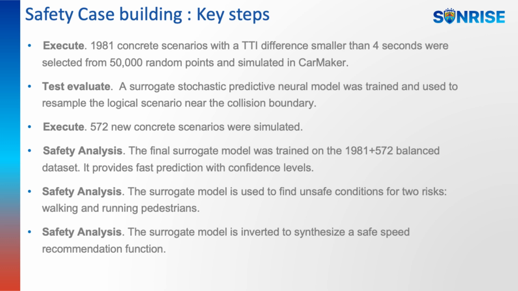The final surrogate model was trained on the 1981 plus 572 balanced dataset. Provides fast prediction with confidence levels. Safety analysis. The surrogate model is used to find unsafe conditions for 2 risks: walking and running pedestrians. Safety analysis. The surrogate model is inverted to synthesize a safe speed recommendation function.